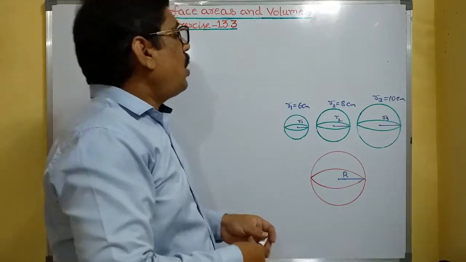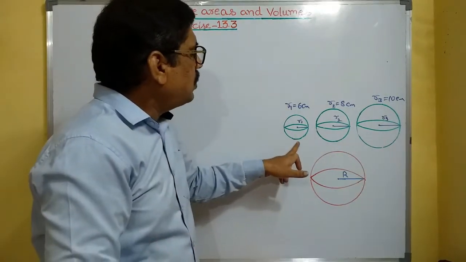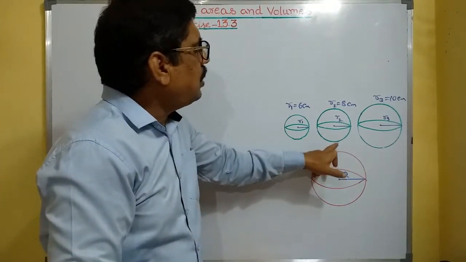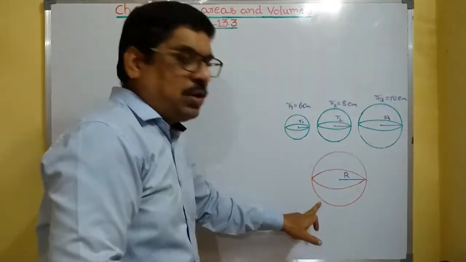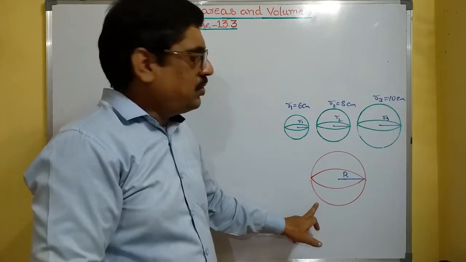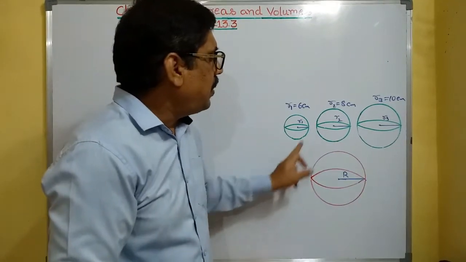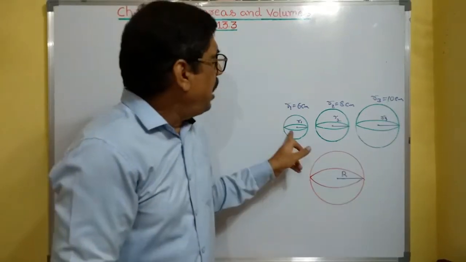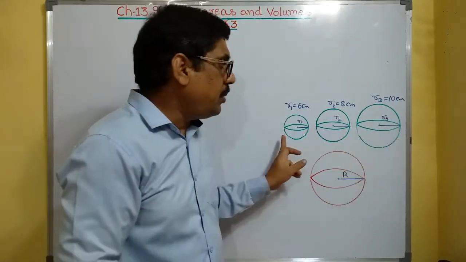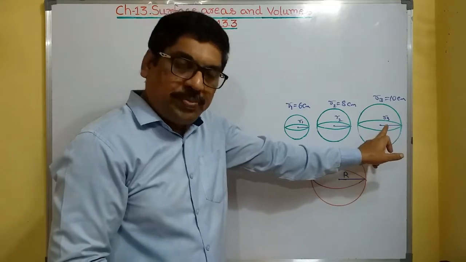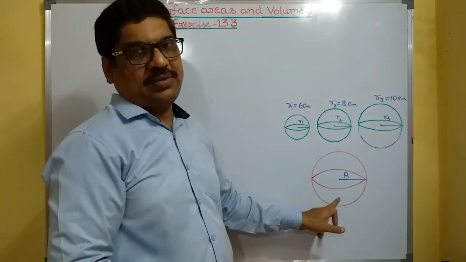Okay, so what will happen? The volume of this one plus this one plus this one is equal to this one. Why? Because this red color big sphere was made by melting these three. So the volumes of these three spheres is equal to the volume of this big sphere.